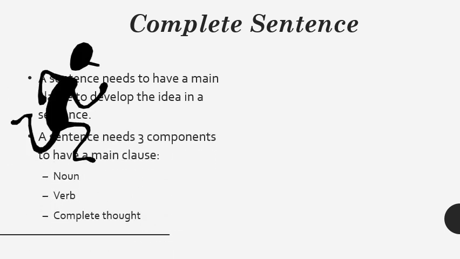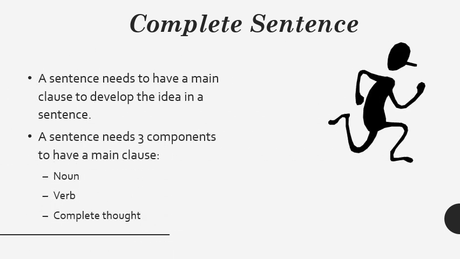Let's see. A sentence needs three components. I need three main components in the main clause in order to say that this is a complete sentence. What are these components?